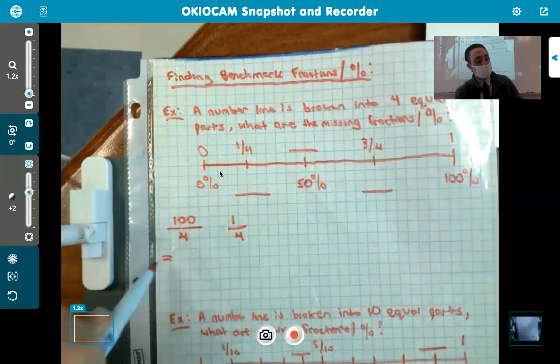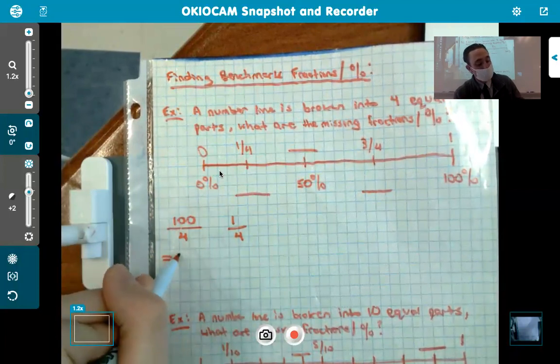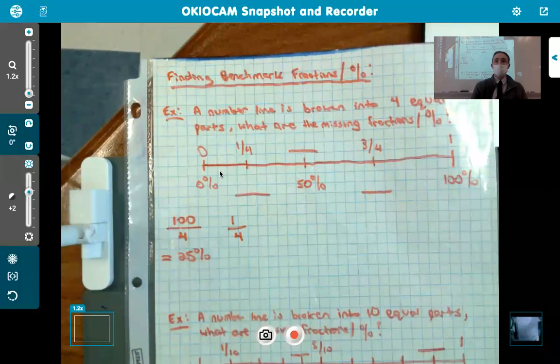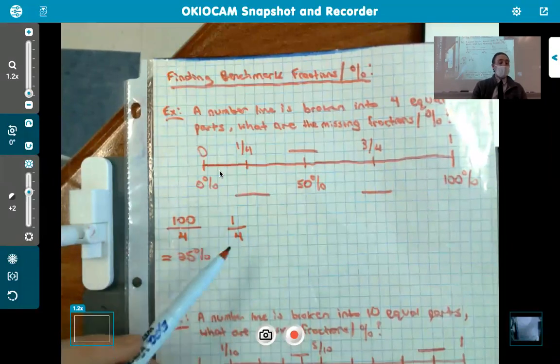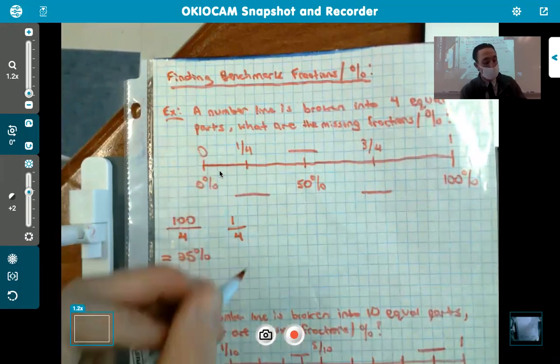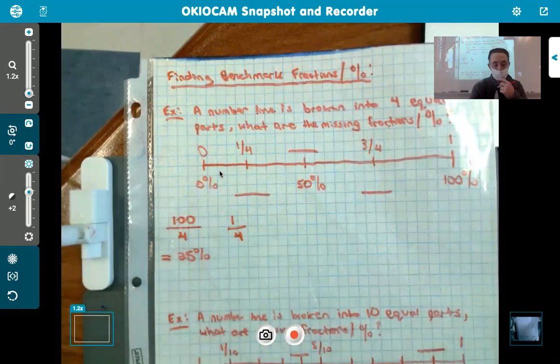What this tells me then is that when I look at my percentages, each individual segment is going to be 25%, right? And I can't simplify that fraction any further. That means that each fraction above each individual segment is going to be 1/4. Okay?